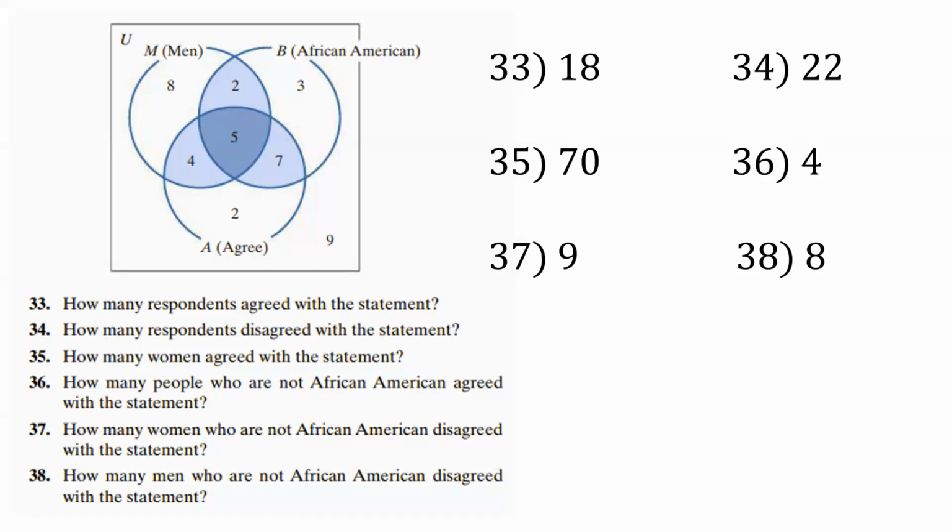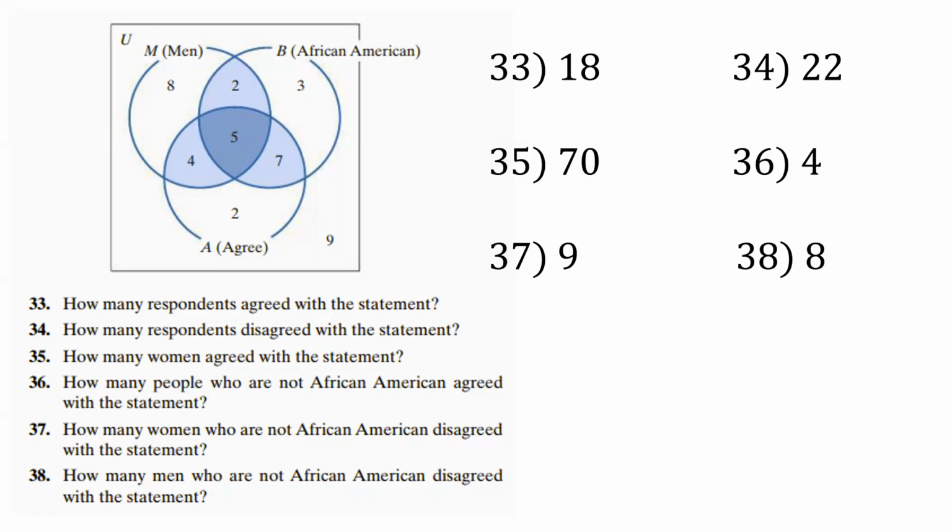Anytime you have a statement of not this thing, you do everything other than that thing. So I add up everything outside the circle of A. I add my 9, my 3, my 2, my 8, and I get a total of 22 people disagree with the statement.